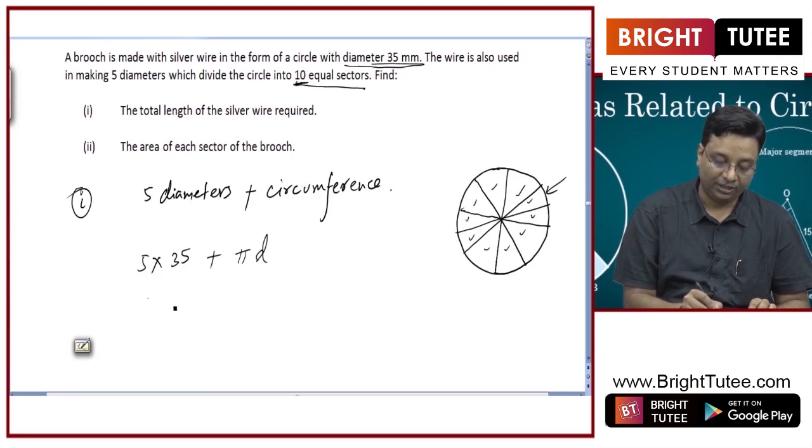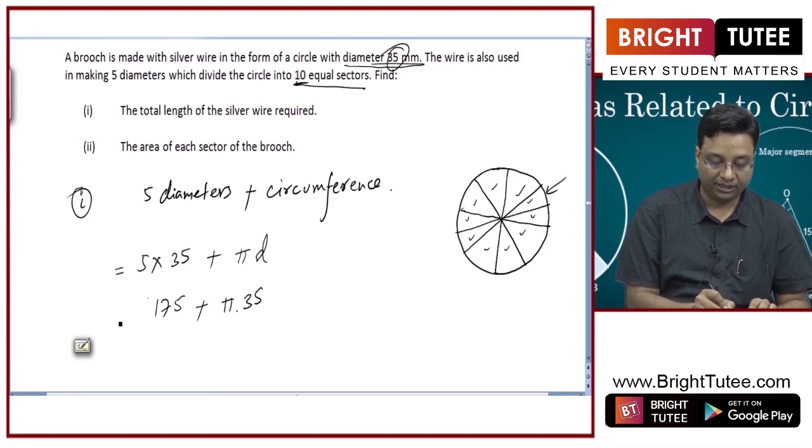So 5 into 35 will become 175 plus pi into d, d is 35. So this is the length of wire in mm that is required.